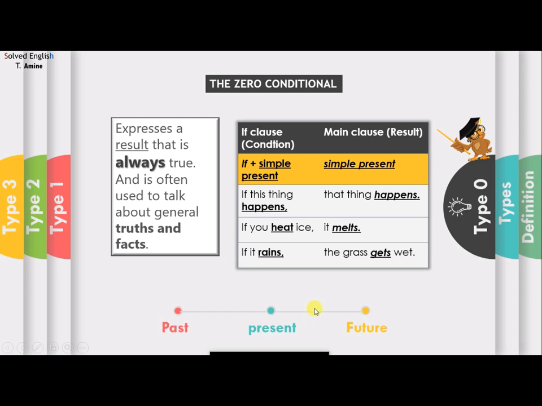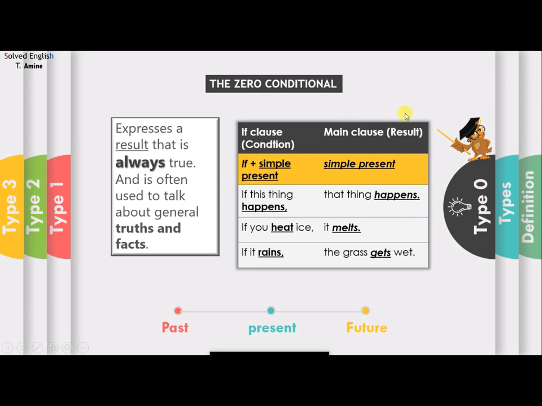In the zero conditional, the if clause or the condition clause is formed by putting an if plus a verb in the simple present. For example, if this thing happens, if you heat ice, if it rains. So the verbs happens, heat, and rains are in the present simple.